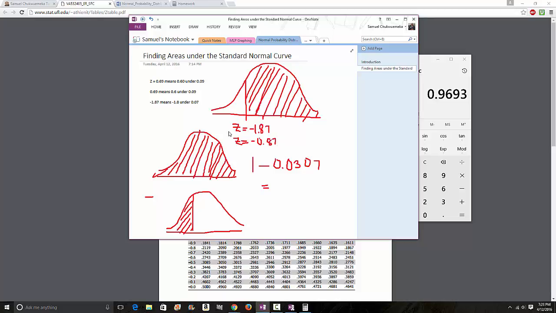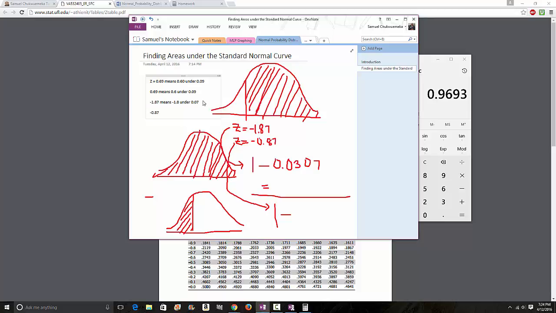So this one is for this. I'm going to put that this is for this here. So for negative 0.87, I'm going to draw this arrow. So that will be 1 minus. Now let's get negative 0.8 under 0.07, because that is what it will mean.